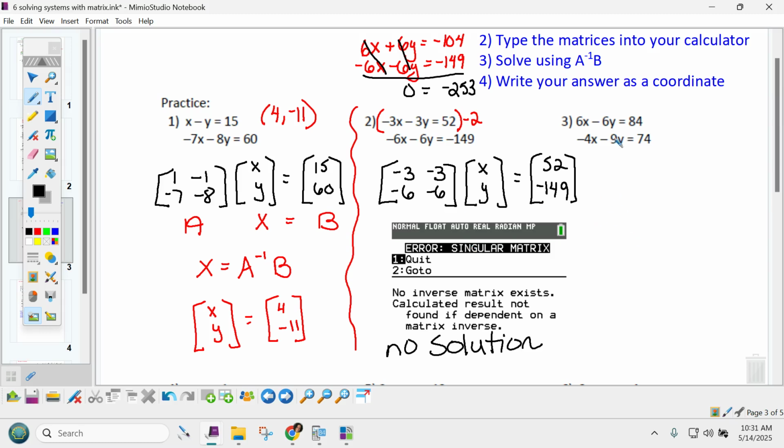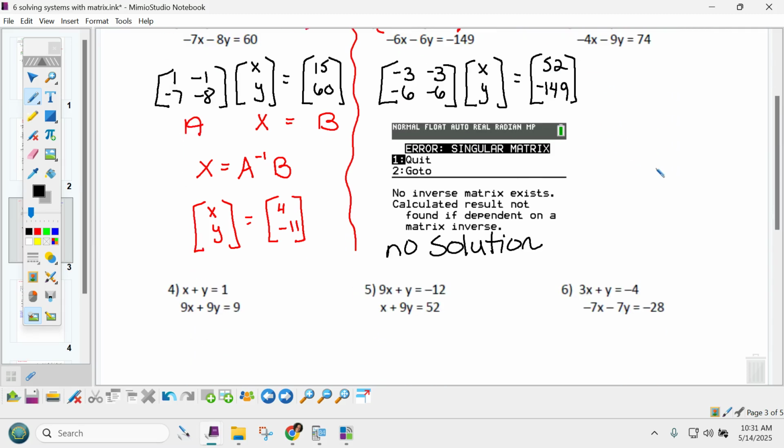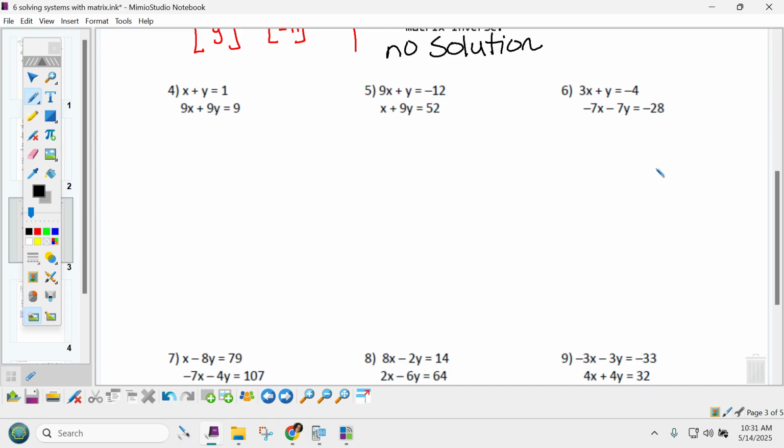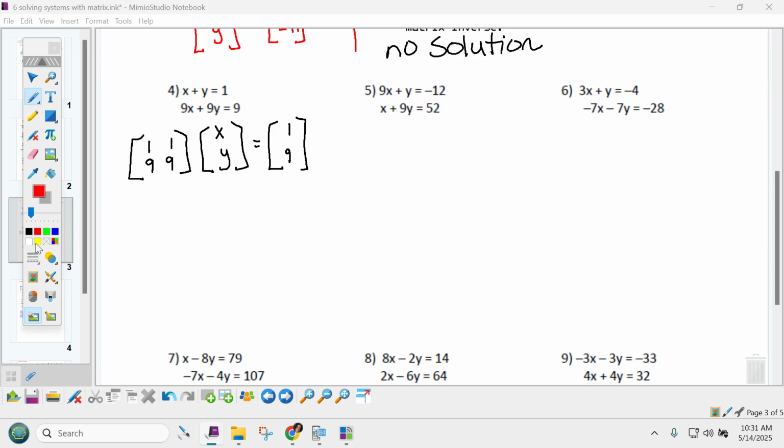Okay, let's try. I ran out of space on number 3, so let's try number 4. Write your matrix equation. It's a lot of 1s and 9s. Wonder what's going to happen here.